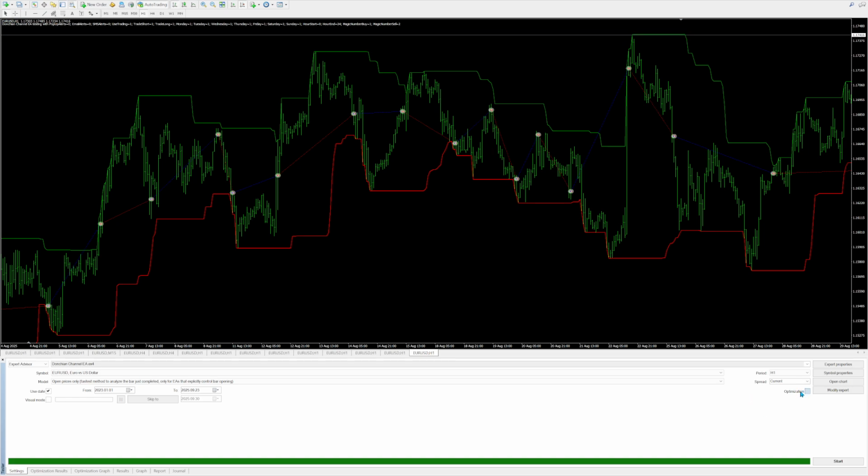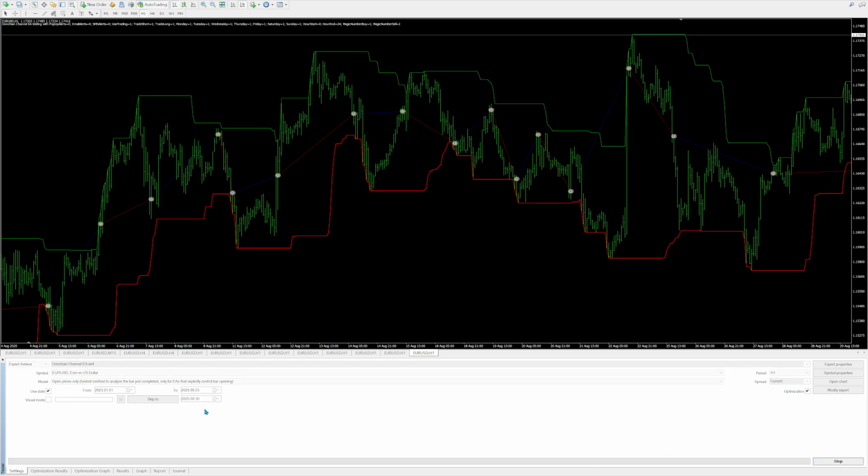Some may argue, well, just hit optimization again and run another optimization and optimize over more data and keep going back and back and back. The problem is, even if you optimize over, say, 20 years of high quality tick data, and you account for commission, slippage, etc., you still run the risk of curve fitting and just throwing enough mud at the wall and hoping some of it sticks.